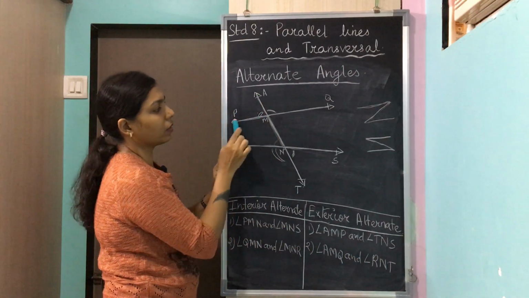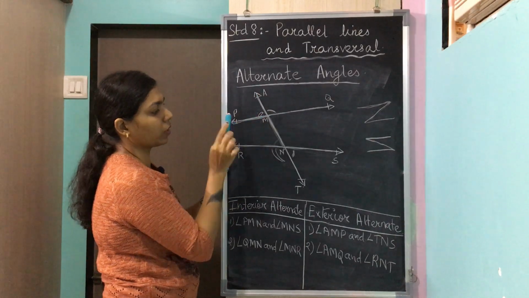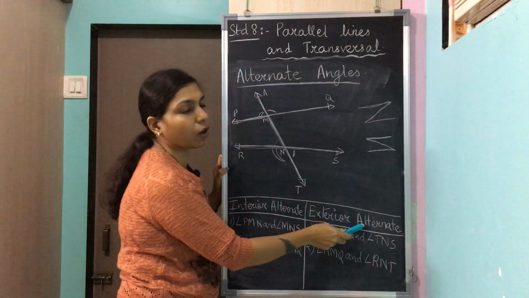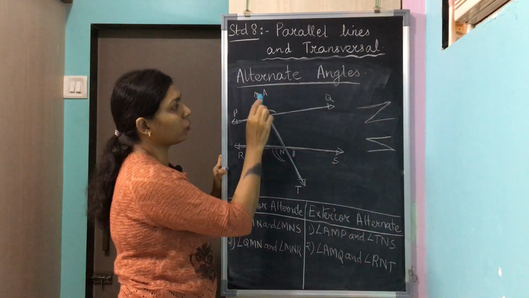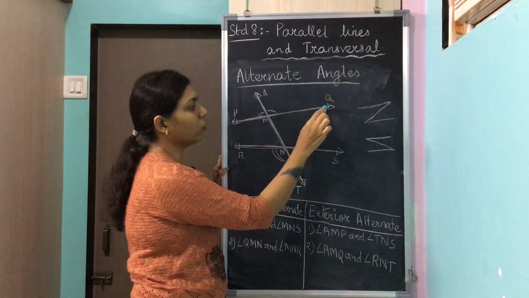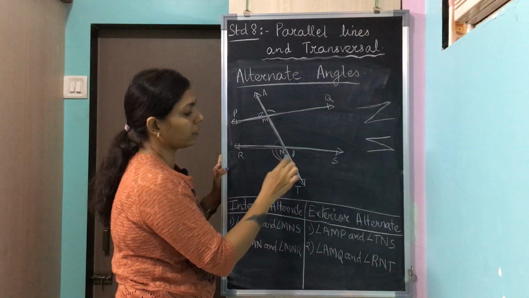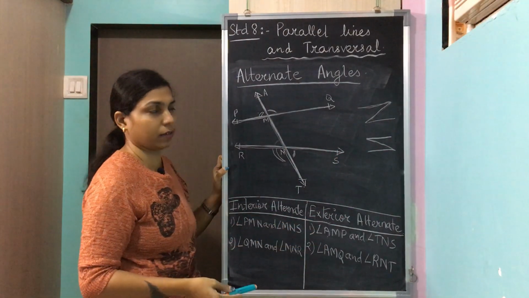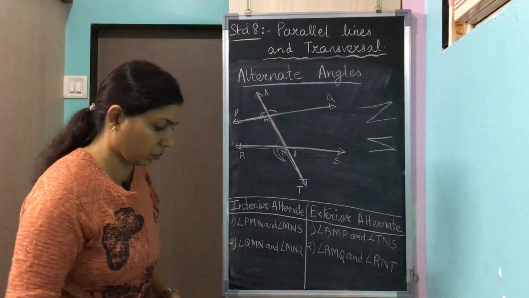So this angle over here and this angle over here are your exterior alternate angles, and the other one over here is angle AMQ and angle SNT. These are your exterior alternate angles. Okay, so please copy this down.